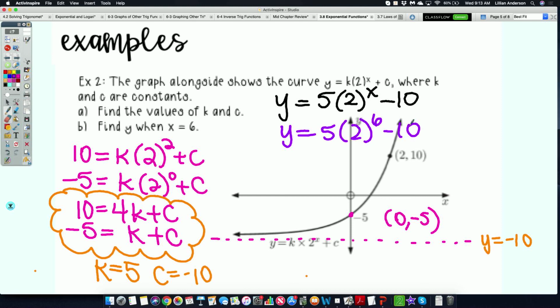Let's go ahead and do that, and let me know what y equals. 310? Confirmation? 310, very good. When you plug in 6, you're finding the corresponding y value that goes along with 6. So on your graph, when x is 6, y is 310.